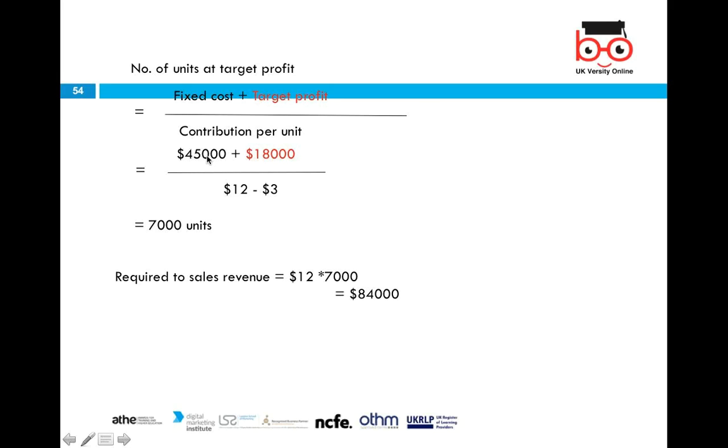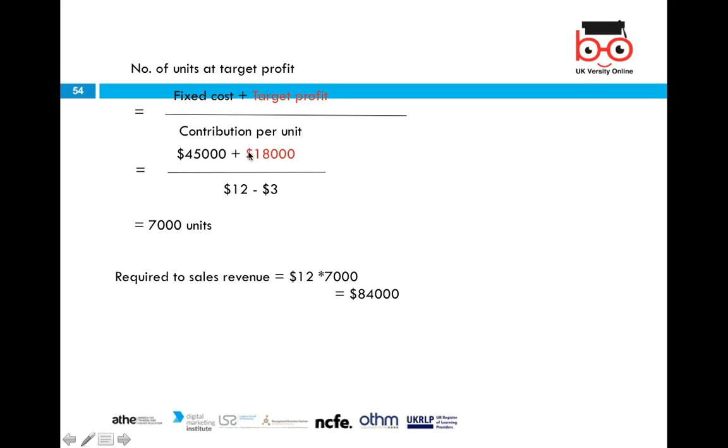So the target profit is 18,000, and the 45,000 is our fixed cost, and our contribution per unit is selling price minus variable cost per unit. When we divide the fixed cost plus target profit by the contribution per unit, we get the number of units, that's 7,000 units.